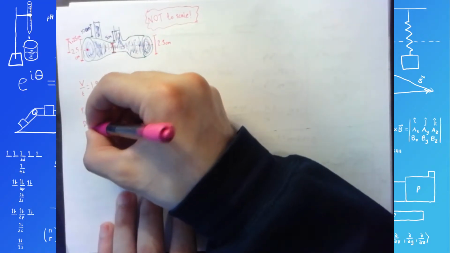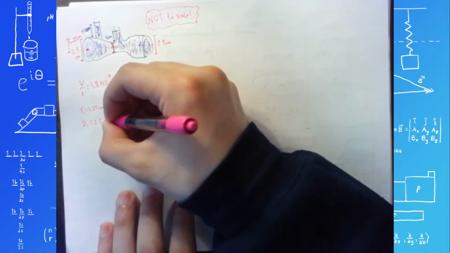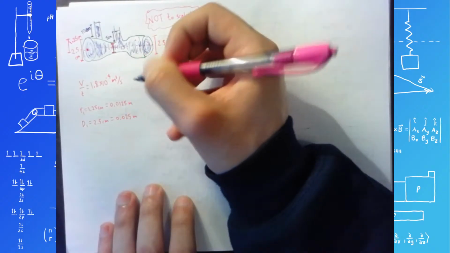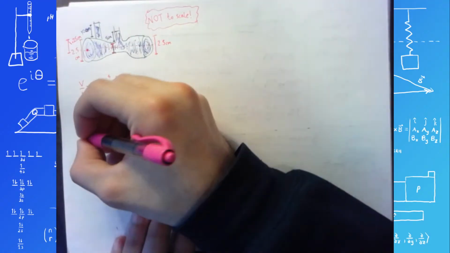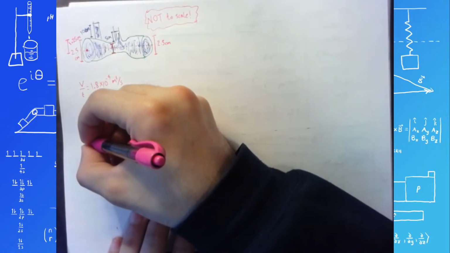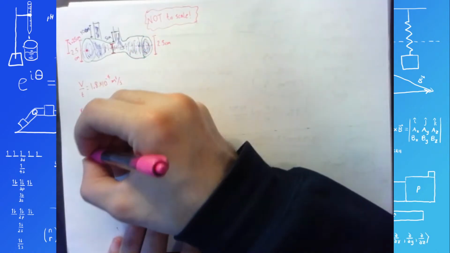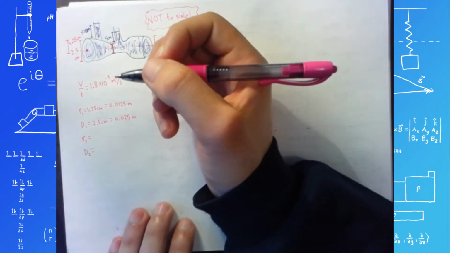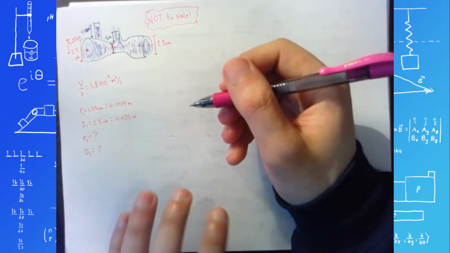And diameter D1 is just 2 times that, the 2.5 centimeters, or 0.025 meters, that they gave us to begin with. We want to find D2, so we need R2, which we don't know yet. These are what we're trying to find.